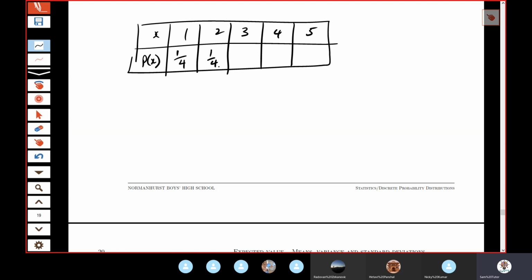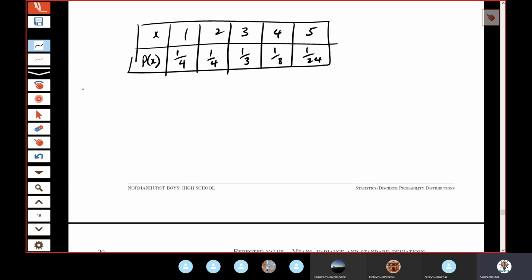We'll make this 1/4. We'll make this a third. I've got to make sure I don't go over. Then 1/8, and the last one should be 1/24. Yes, perfect. Okay, so there you go. We'll just make up something.